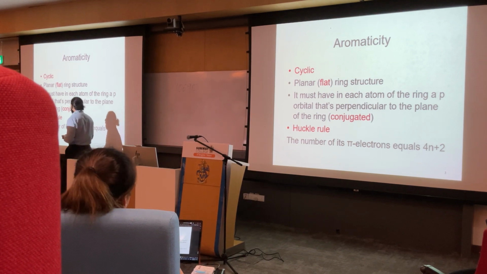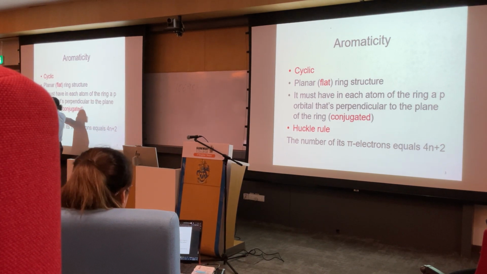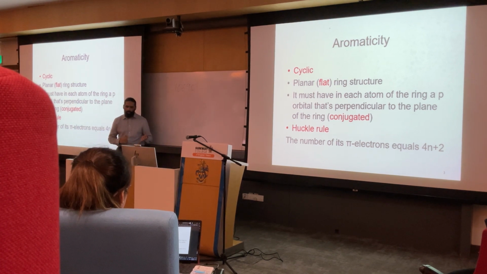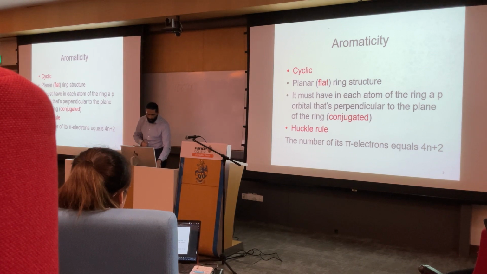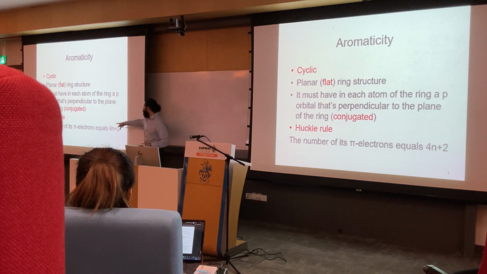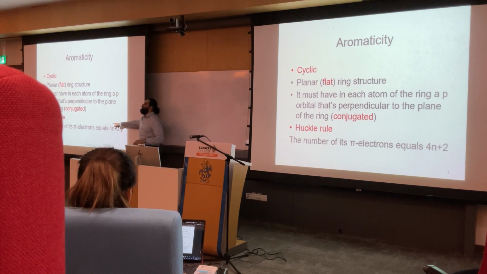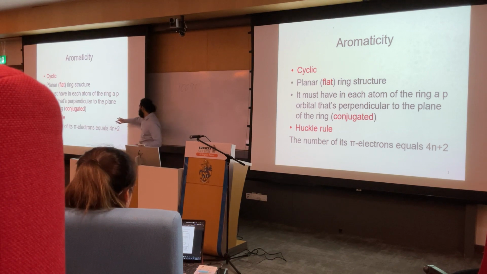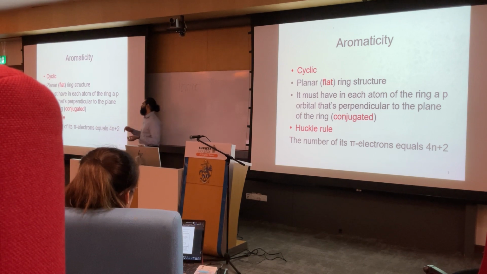Criteria number 4 is that the molecule should follow Huckel rule. So what is Huckel rule? That the number of its pi electrons should be equal to this equation. The number of pi electrons should be equal to 4n plus 2, where n could be any number, including 0, 1, 2, 3, whatever.